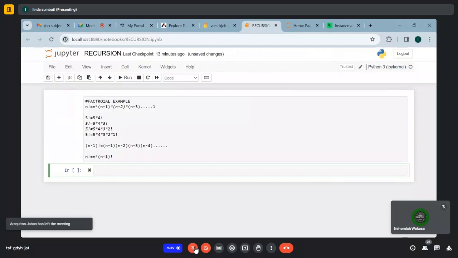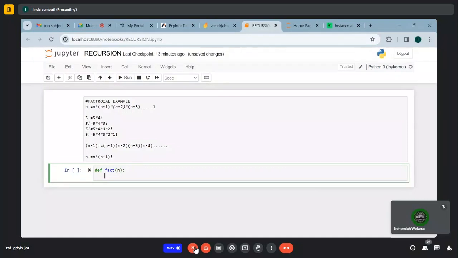So that means that we can go on and on until you reach the base case, and the base case is always 1. So definitely, if you want to write the implementation, we can write factorial, or let me just write fact because of spellings. So you want to call the function recursively.